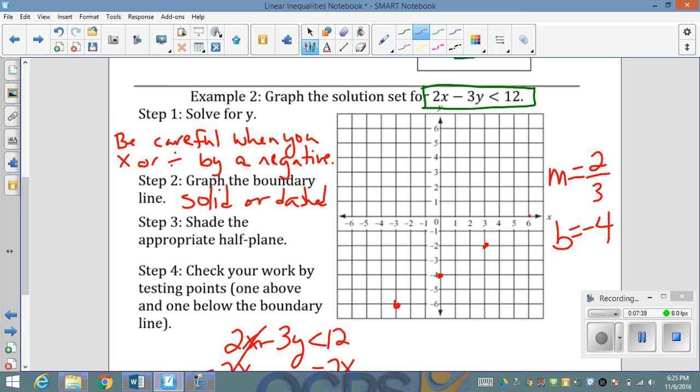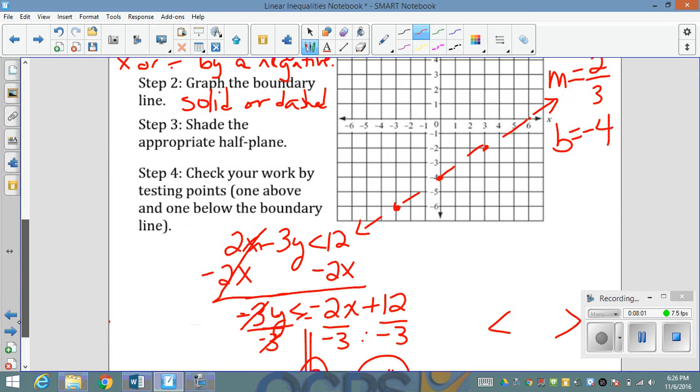Now in this case, it's strictly a greater than. There's no or equal to. So I'm going to have a dashed line. So I've done step 2, which is to graph my boundary line. Now I'm going to shade the appropriate half plane. So I'm either going to shade above or I'm going to shade below.